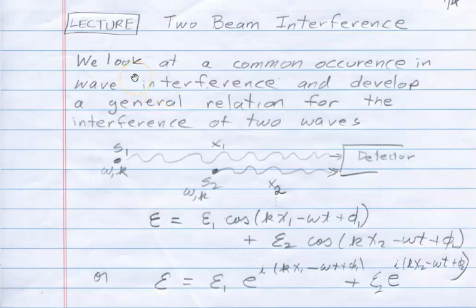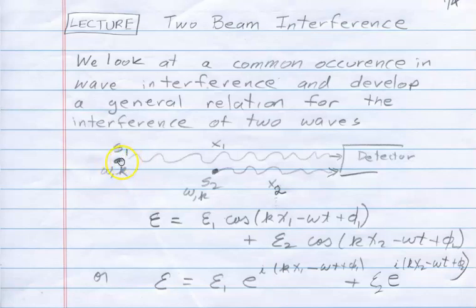Again, this is a very common situation in which you're really adding and superimposing two waves and looking at what you perceive at a given detector. Very often in optical work, you have two sources, and you want to recombine those to get interference at some detector.